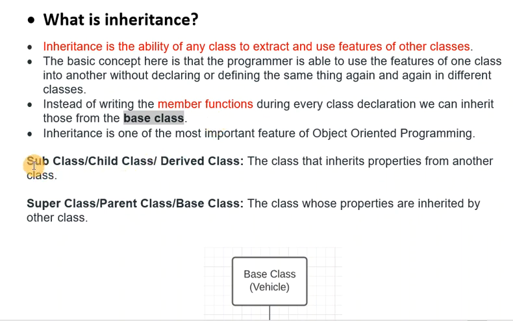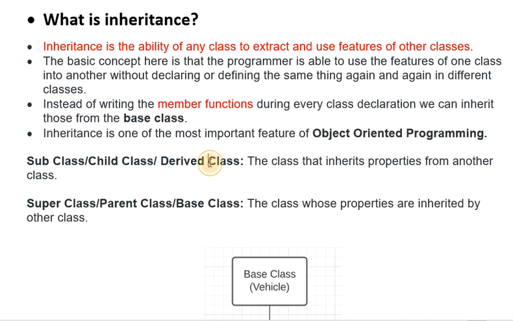We are going to understand base class, subclass and child class next. Inheritance is one of the most important features. As I have already told you, there are lots of concepts in OOPS, object oriented programming, and one of the most famous is inheritance. Inheritance is one of the most important features of object oriented programming.